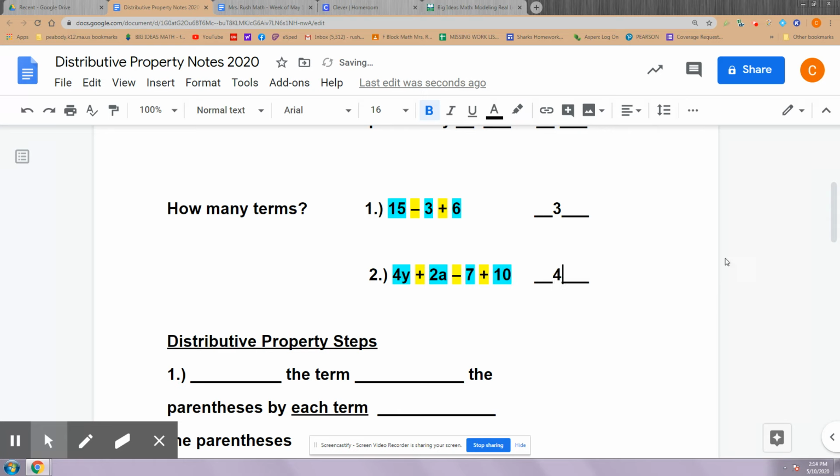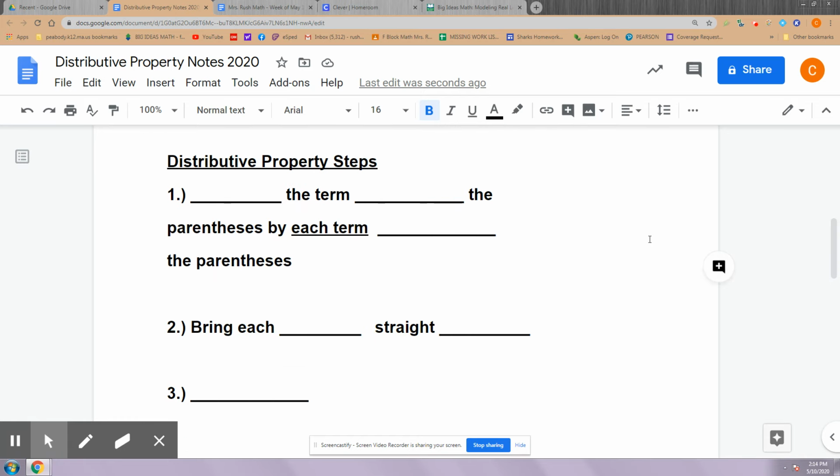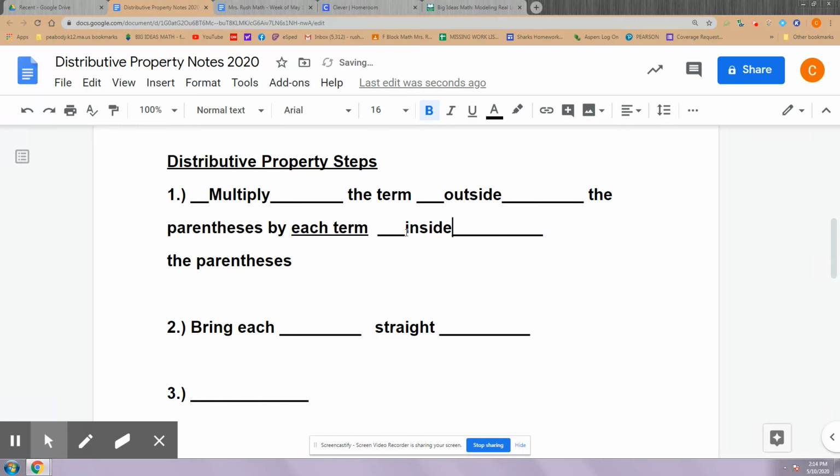All right, great. Next, we're going to talk about the distributive property steps, and then we'll do some examples together on the back. Step number 1 for the distributive property, we need to multiply the term outside the parentheses by each term inside the parentheses. So we're going to multiply the term that's outside the parentheses by every term inside the parentheses.